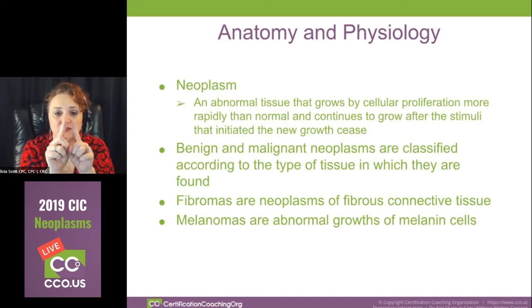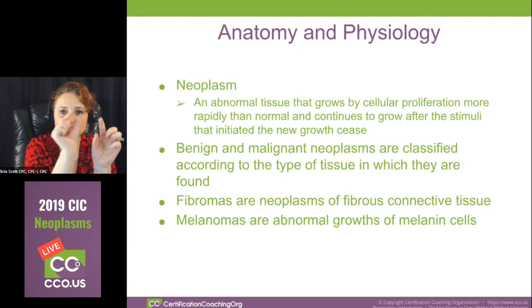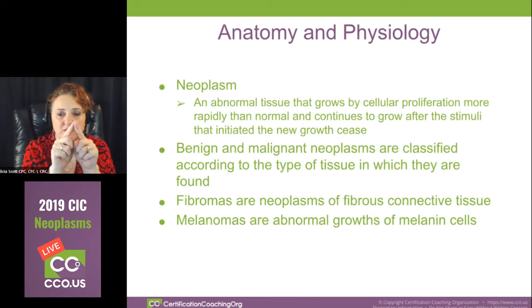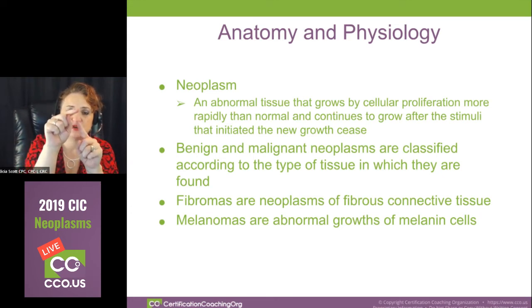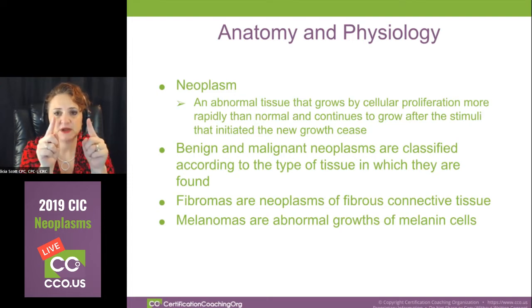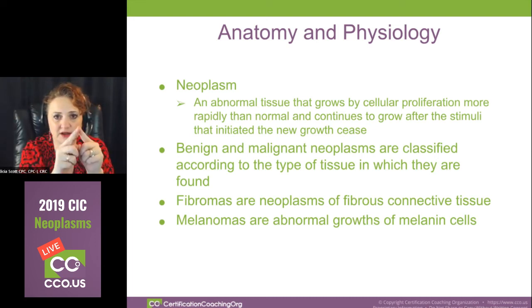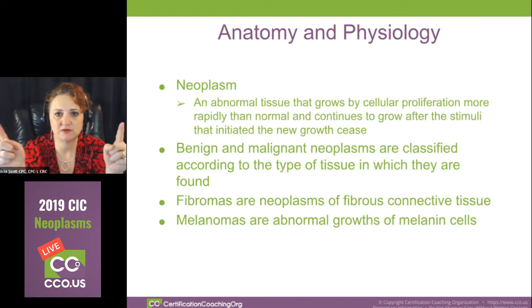You can look at a slide of normal cells. There'll be nice little round cells with a little dark purple circle in the middle of each cell, and you'll see like 5 of them in a row. When they get to a certain point in their life, they'll split and make two that replace that one, and then that one will die and go away. Okay, and that's how the cells work.